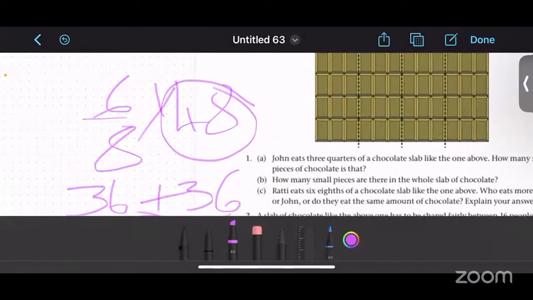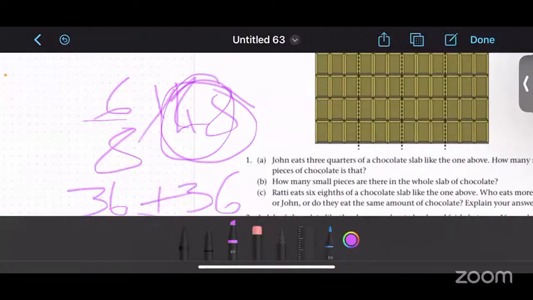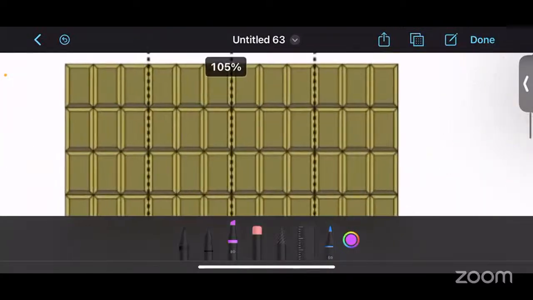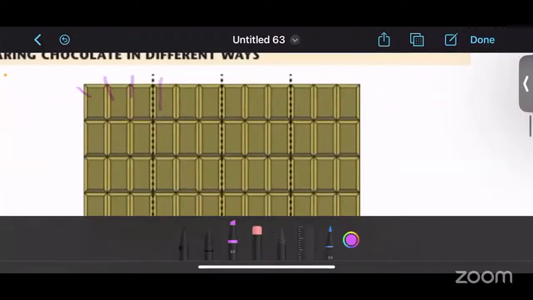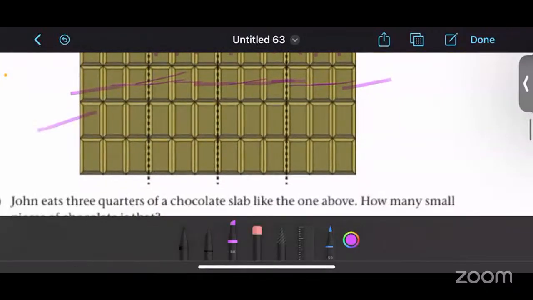So if the other one is going to be eating 36, so that means it's going to eat, let's go here, 1, 2, 3, 4, 5, 6, 7, 8, 9, 10, 11, 12, 13, 14, 15, 16, 17, 18, 19, 20, 21, 22, 23, 24, 25, 26, 27, 28, 29, 30, 31, 32, 33, 34, 35, 36.